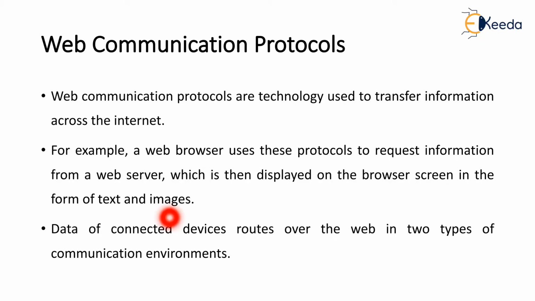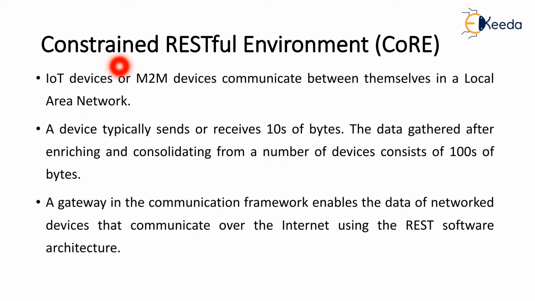So data of connected devices routes over the web in two types of communication environment: the constrained RESTful environment, which is called CoRE, and the unconstrained environment. In the constrained environment, IoT devices or machine-to-machine devices communicate among themselves in a local area network.